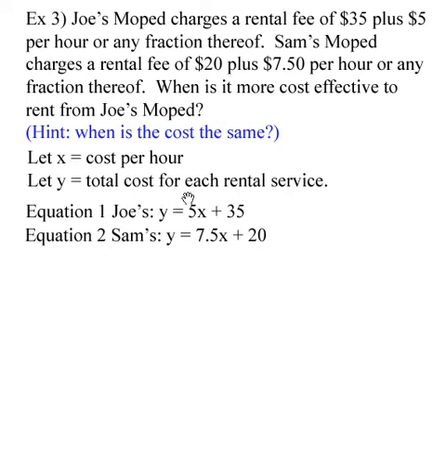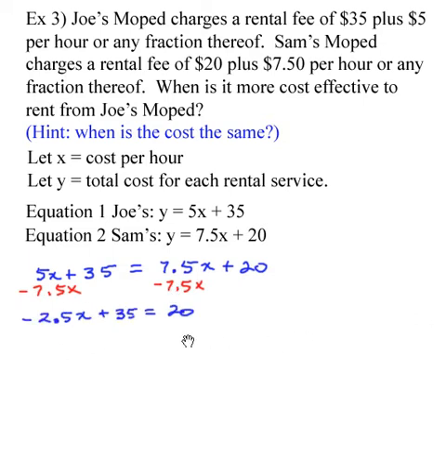And we know that Y equals 5x plus 35. Y equals 7.5x plus 20. So we can just go ahead and do substitution. Since they're both equal to Y, we can set them equal to each other and solve for x. Doing so, we'll subtract 7.5x from both sides, since most students like the variable on the left.